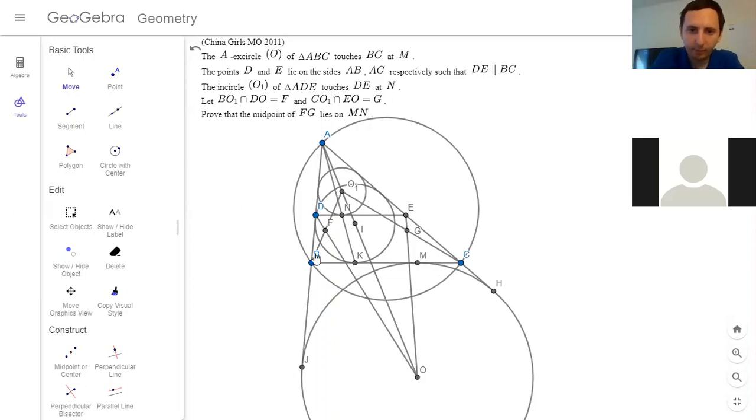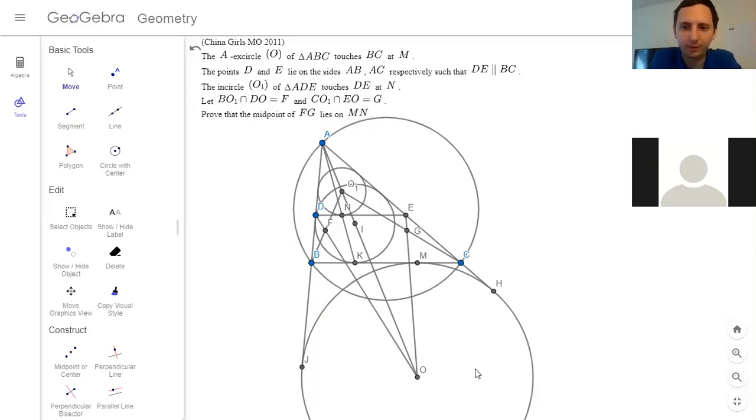Basically, EFB and EGC are perspective. So by Desargues' theorem, O1, O, and A would be collinear, but we already know that.